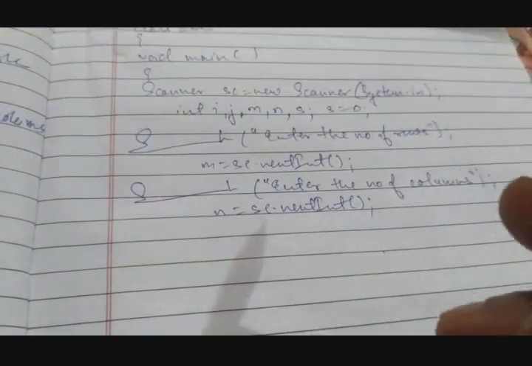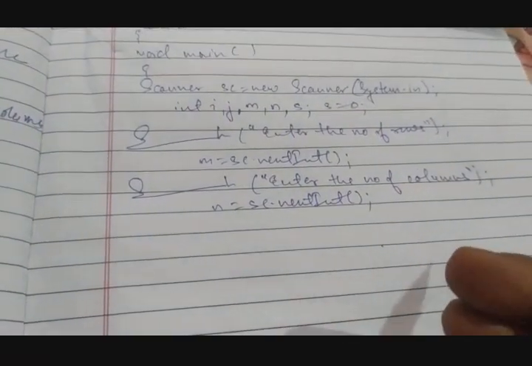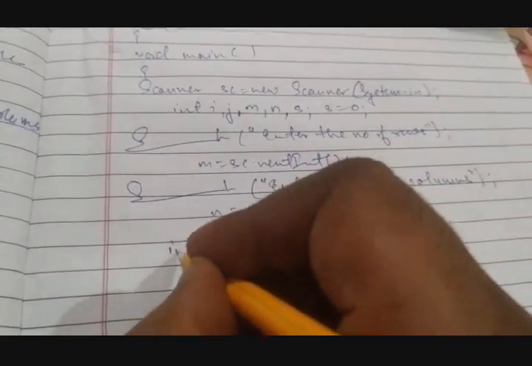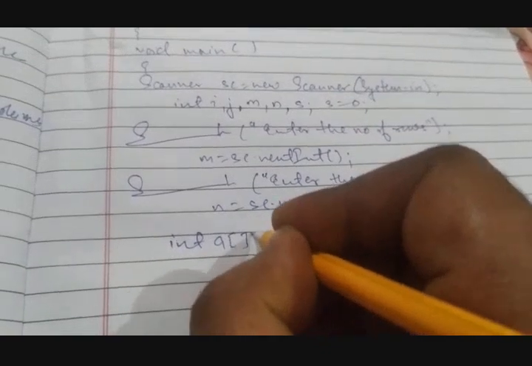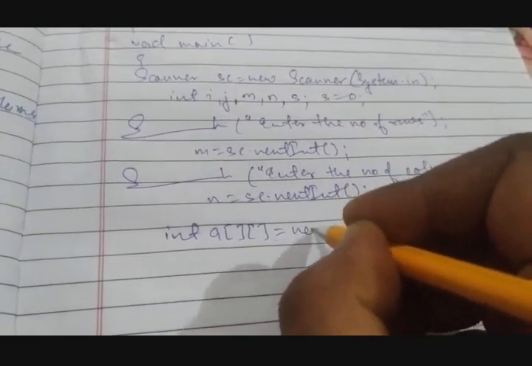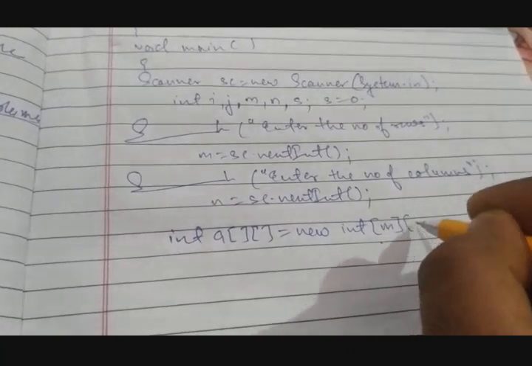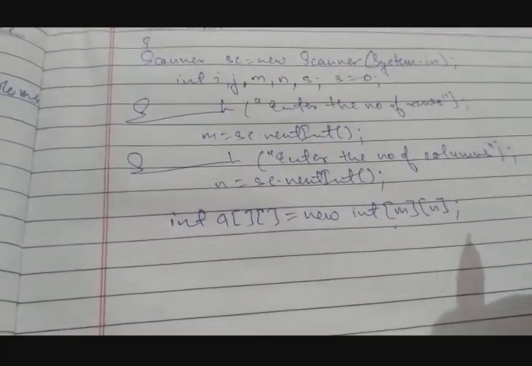So let's move on. The first step, size declaration. Then the second step, array creation: int a array equals new int m n. You have specified the size here.